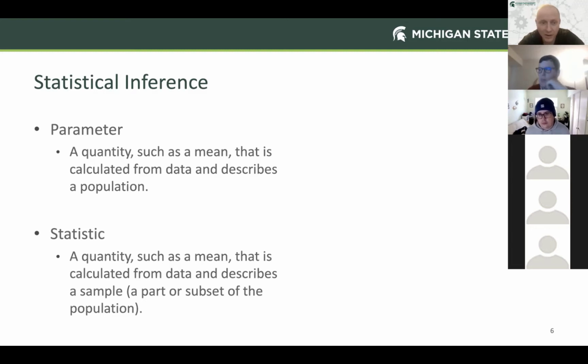And generally speaking, it's not going to be necessary for us to collect information about every unit or every observation or every person in that population. We can typically come to solid conclusions using just a subset of that data. And we'll talk later in the semester about how much data would be required in order for us to have a sufficiently large sample to answer some of these questions of interest.